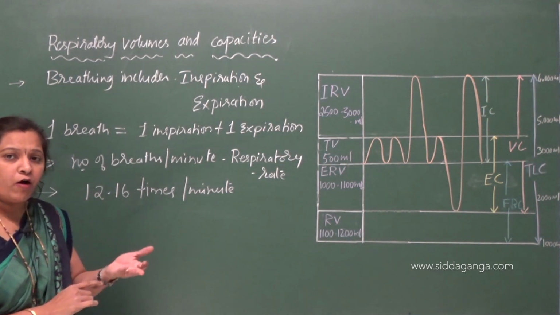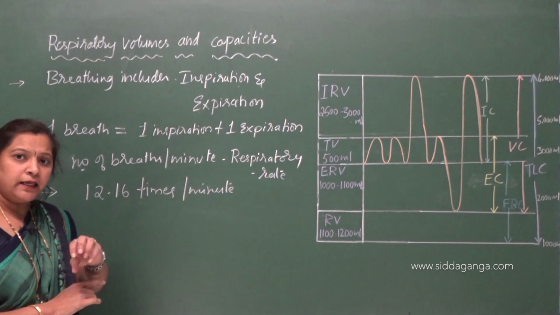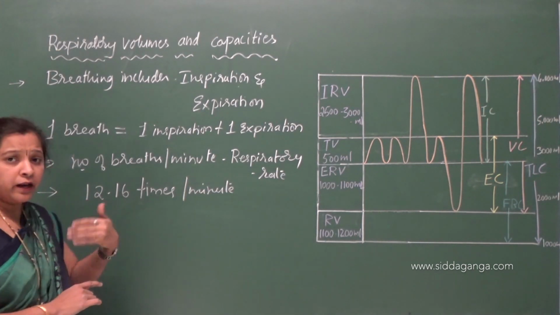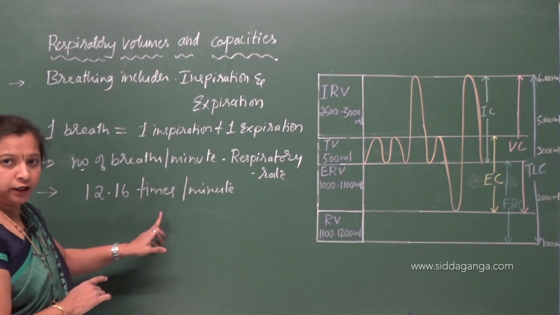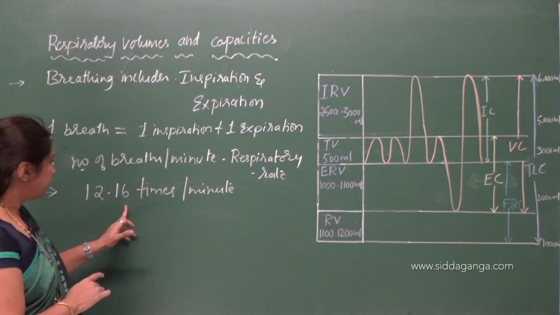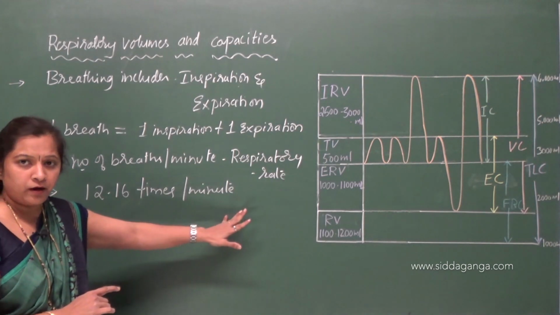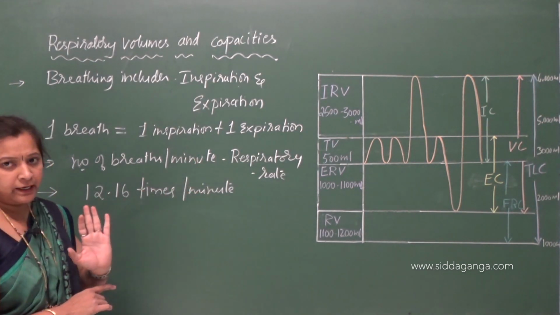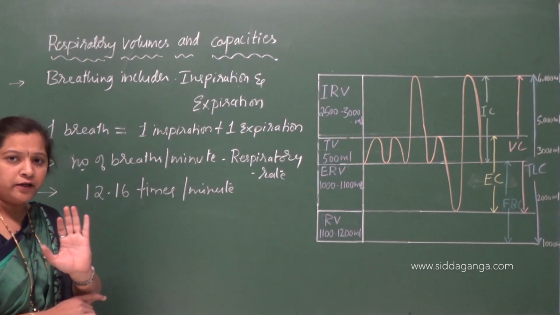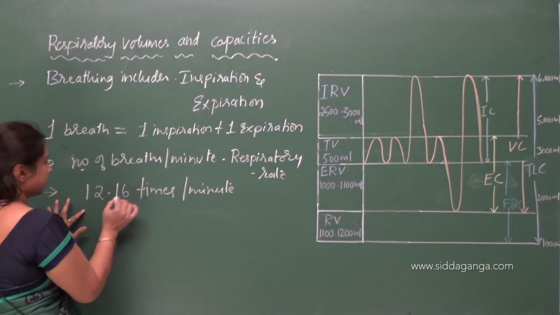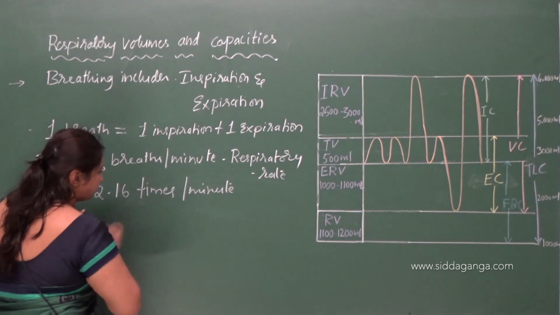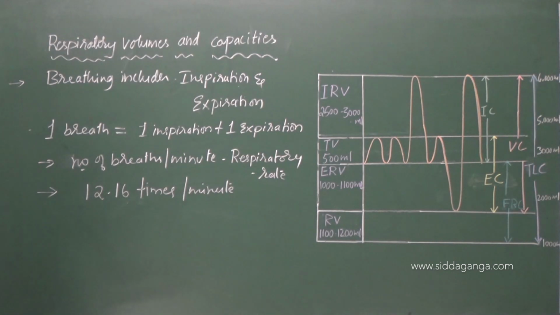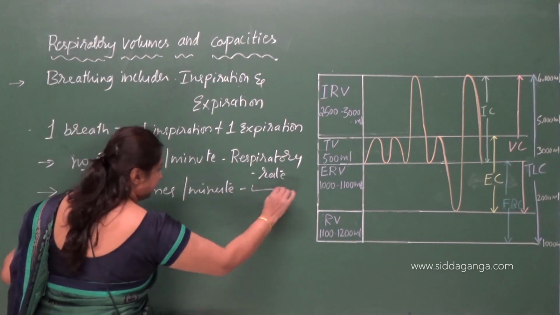That means on an average, a healthy human breathes 12 to 16 times per minute, or 12 to 16 breaths per minute. So this is the normal respiratory rate.